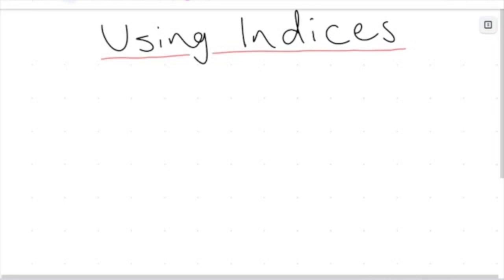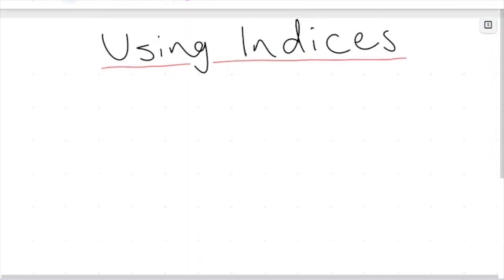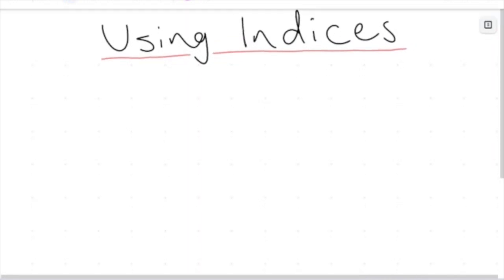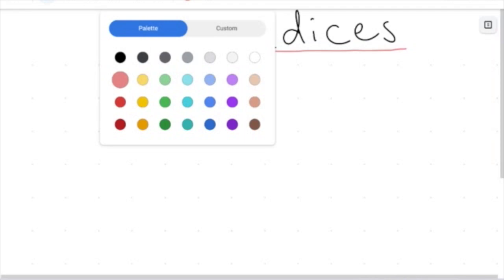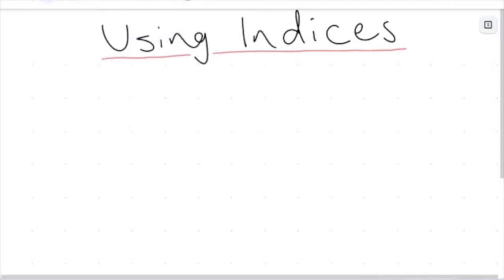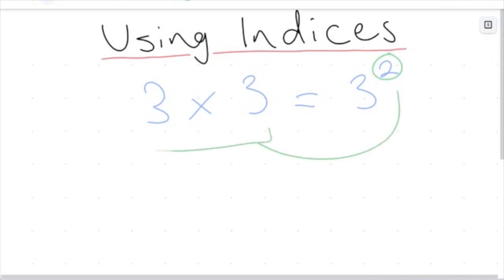Before we talk about indices, we've mentioned before the idea of squaring numbers. So this type of shorthand we write for if we had, for example, 3 times 3, we wrote this as 3 squared, where the number up here was just the amount of times our number was multiplying by itself.